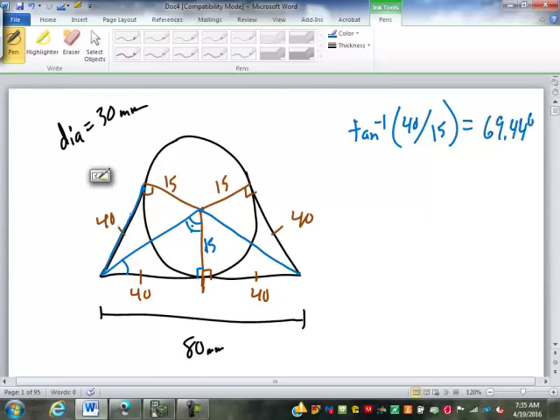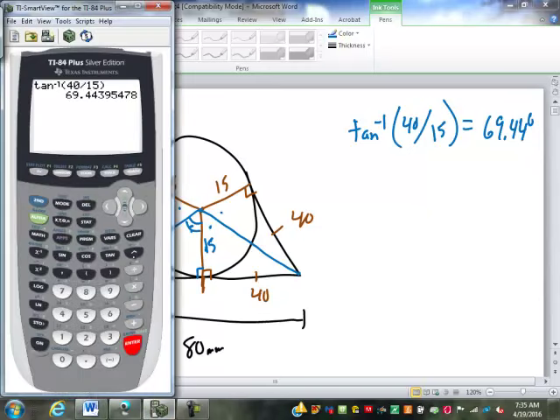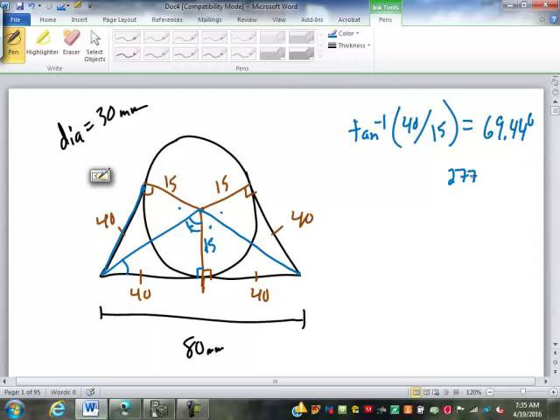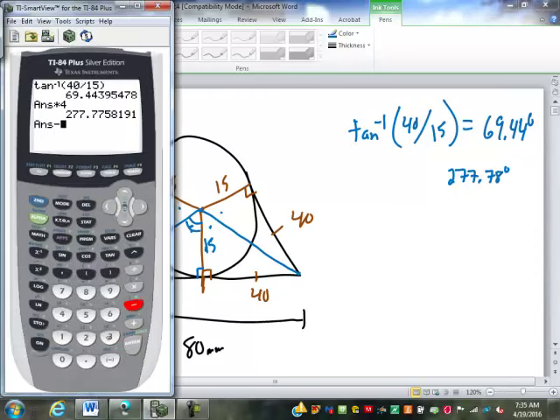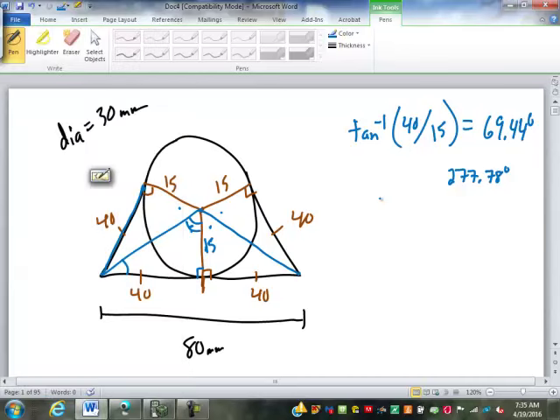So that's that angle. Now I'm going to multiply by 4 because there's 1, 2, 3, 4 of them. It's 277.78. And I'm going to subtract that from 360, giving us 82.22 is this angle.